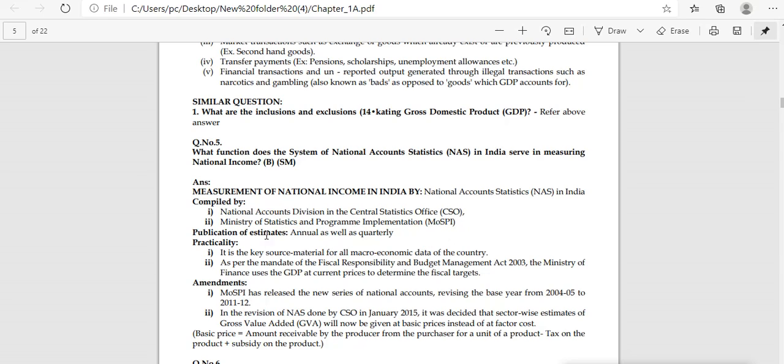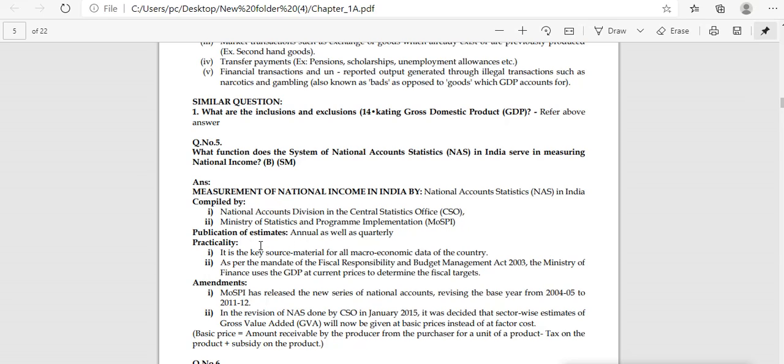So the Ministry of Statistics and Program Implementation and CSO are taking care of the compilation of statistics pertaining to national accounts.